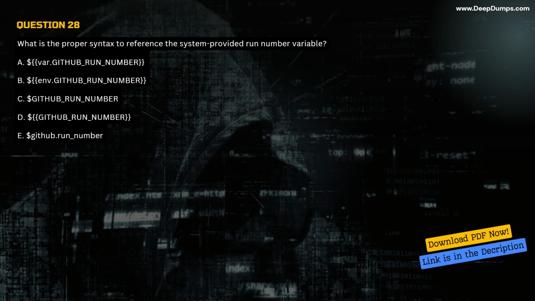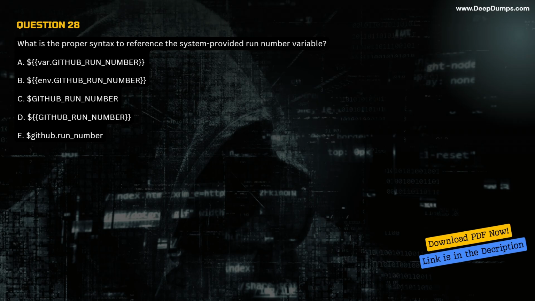Question 28. What is the proper syntax to reference the system-provided run number variable? A. $var.github_run_number. B. $env.github_run_number. C. $github_run_number.